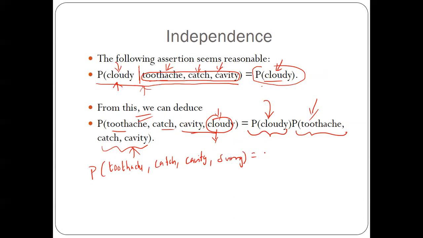This can be written as probability of sunny, because the weather is not going to be affected by these three parameters, into probability of toothache, comma, catch, comma, cavity. Okay. So like this, we can write the equation for all the other remaining values of weather.